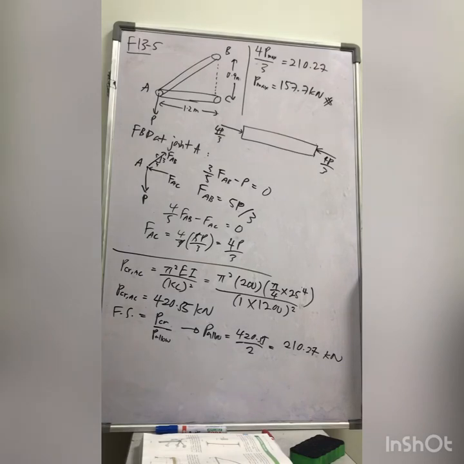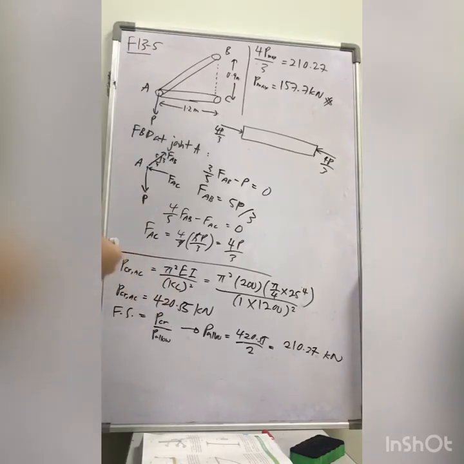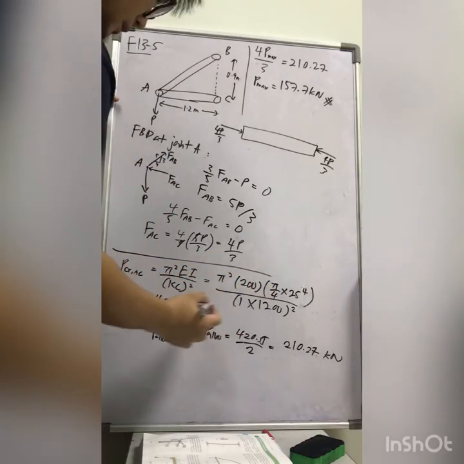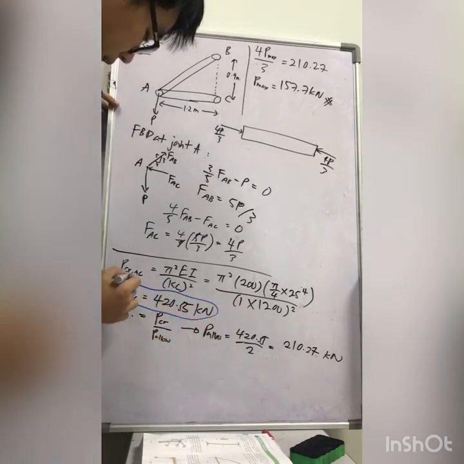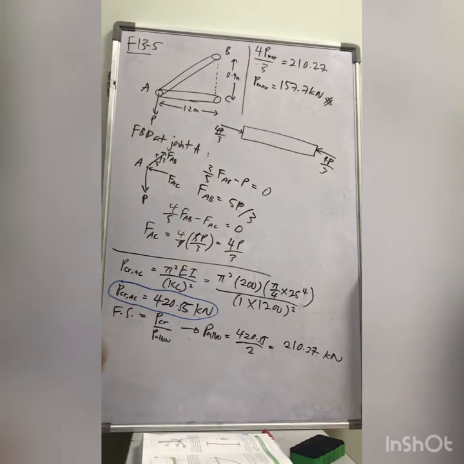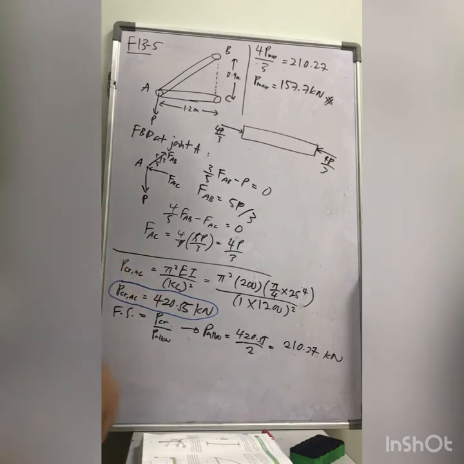Okay, just one more thing. If you want to check where the critical buckling occurs, you can check this critical buckling load against the yield strength. It will be the same as your problem 13.1, where you find the critical buckling stress and then compare it with the yield strength of the material.